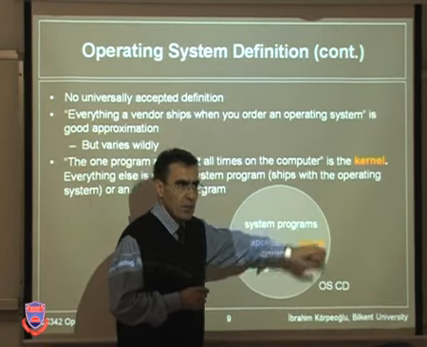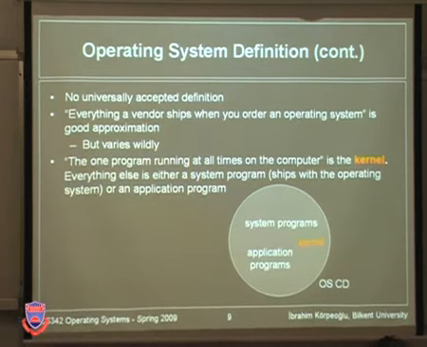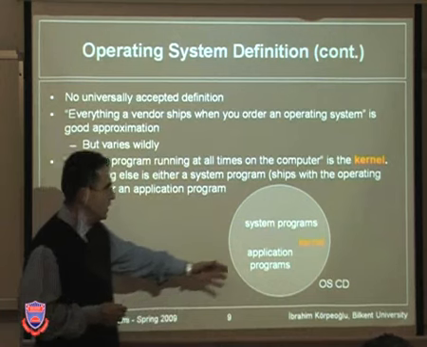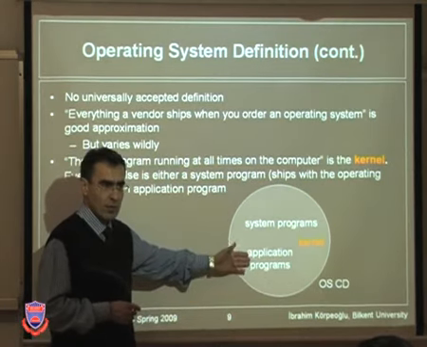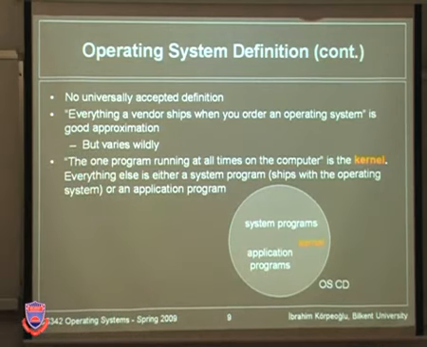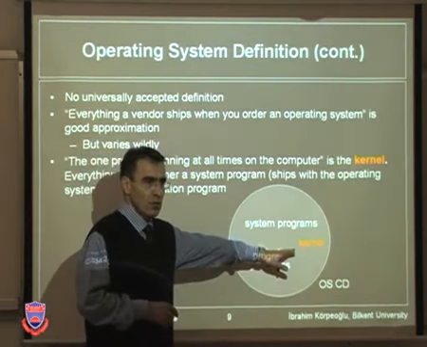This implements all the functionality that we will be talking about in this course, like the process concept, file concept, and so on. You usually have in that CD lots of other programs, application programs, system utilities, system programs, and so on. But there is one piece of software called the kernel, which is the most important in this CD, and which is actually the operating system.